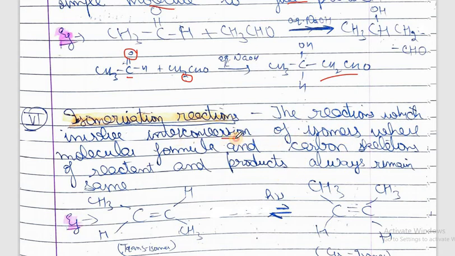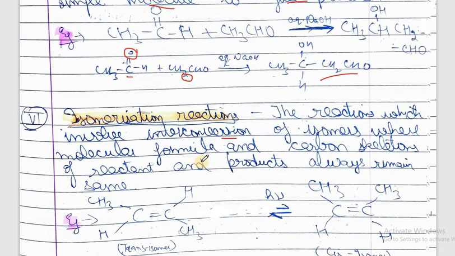In interconversion of isomers, the molecular formula and carbon skeletons of reactants and products always remain the same. So in this, the carbon skeleton remains the same, but in a rearrangement reaction the carbon chain may or may not remain the same. In isomerization reactions, carbon skeletons remain the same. This is a major difference between isomerization reactions and rearrangement reactions.